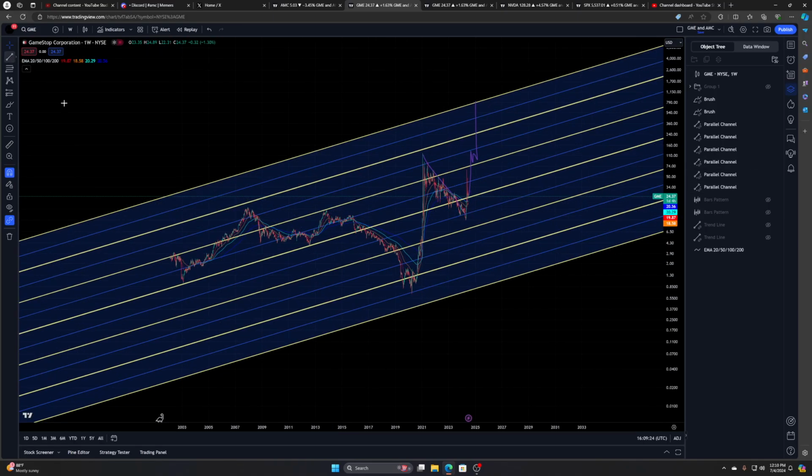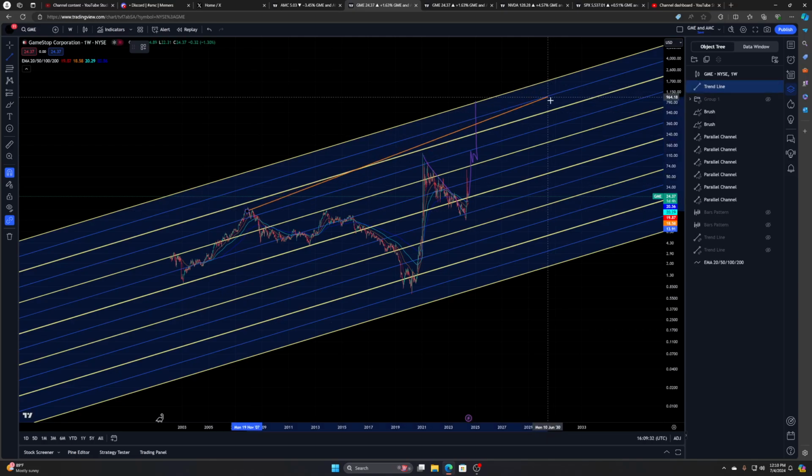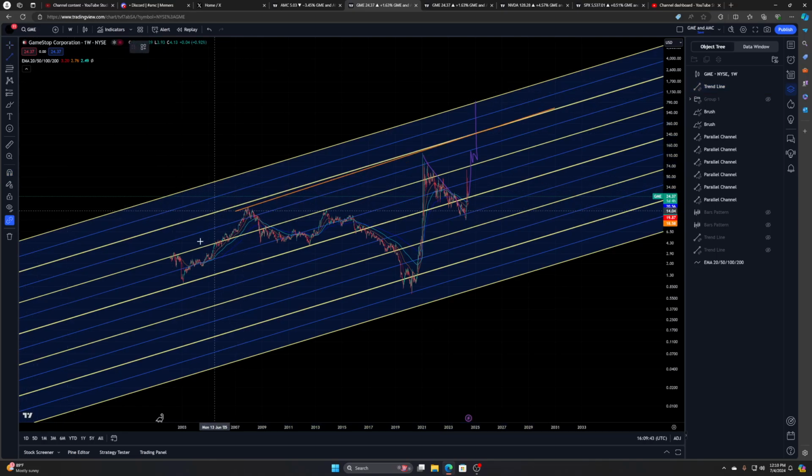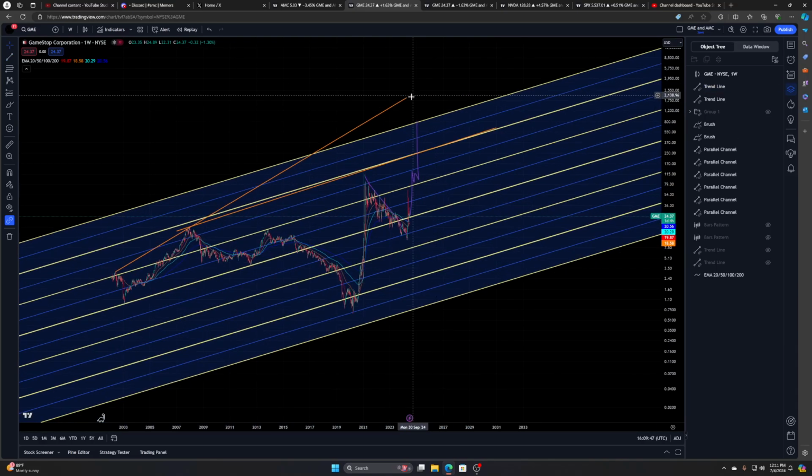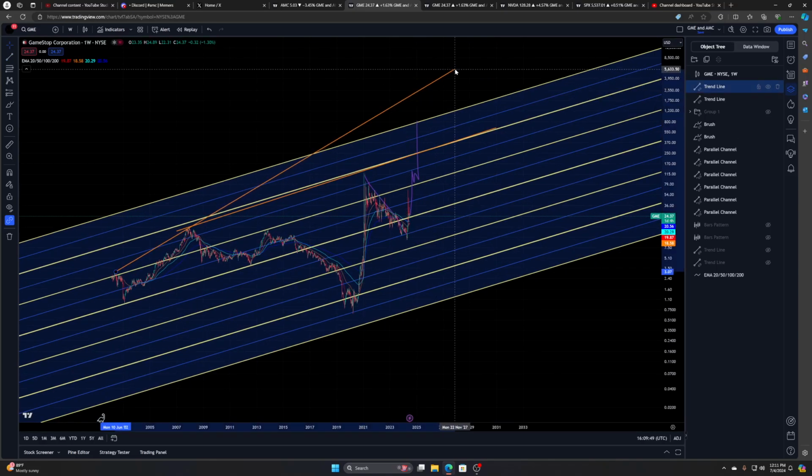I think it's founded in reality. You can kind of see this trend here, in which this would put us at all-time highs, but you can see this trend where it could take us even to these higher levels here.